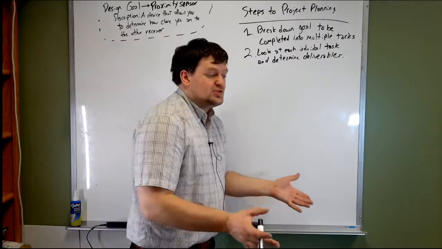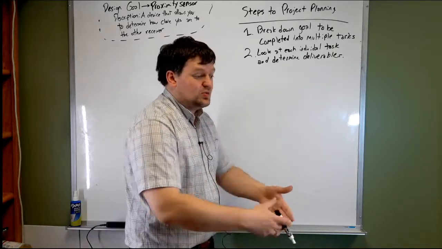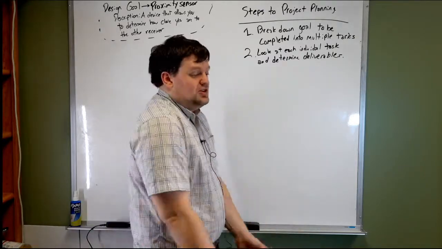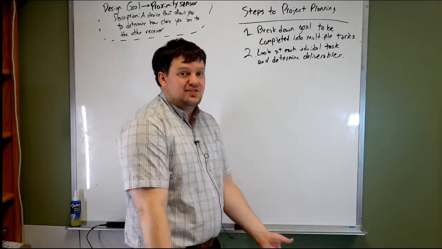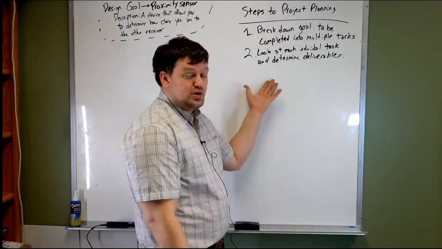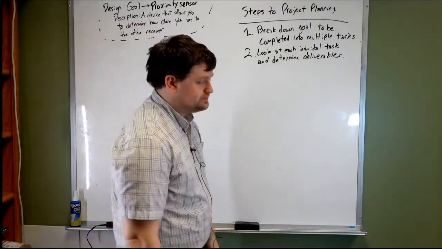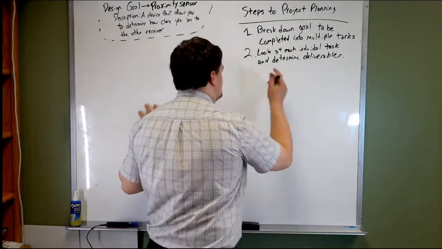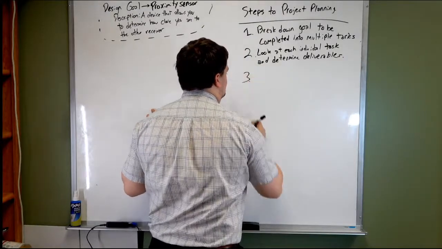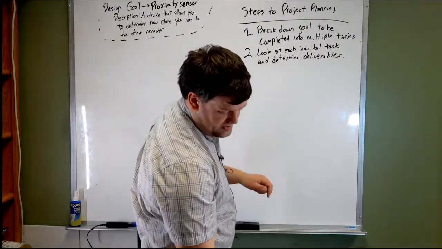And when those deliverables are done, you work on the next task. And you know that at some point, all those deliverables are going to come together because you've done proper project planning to produce a final product. Okay, so second step is deliverables, not quite allocation of resources yet.